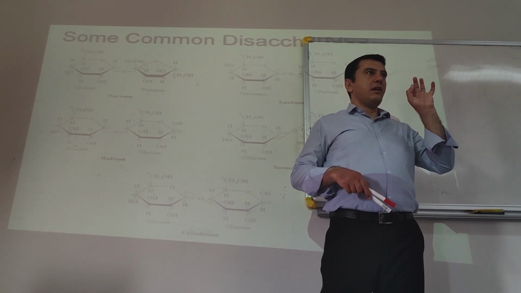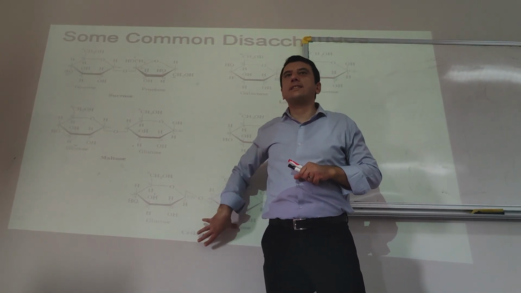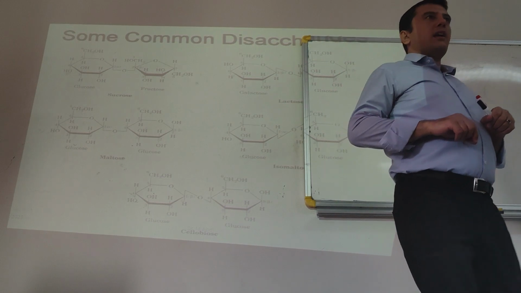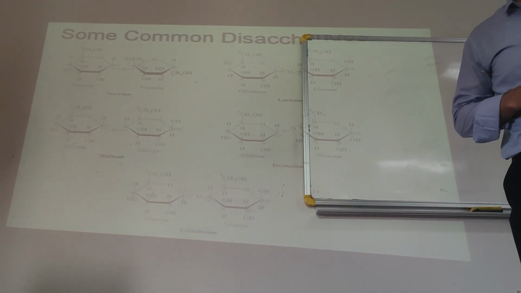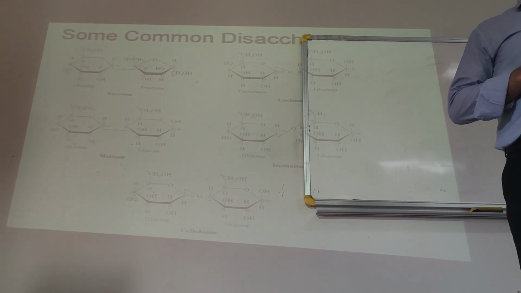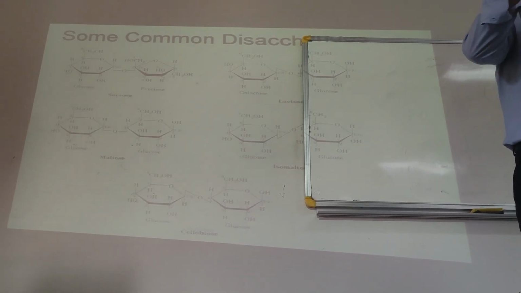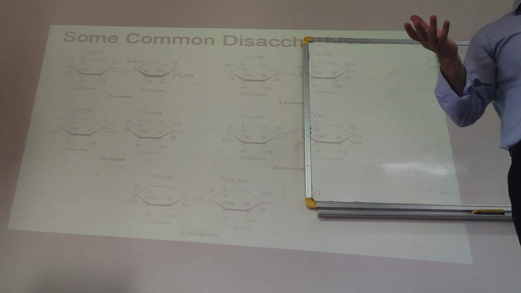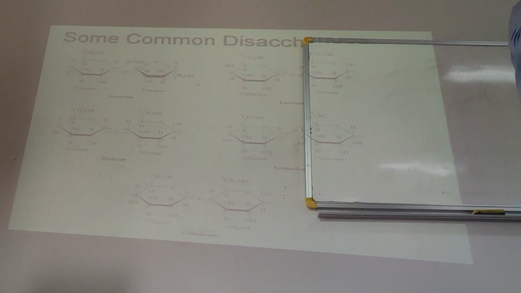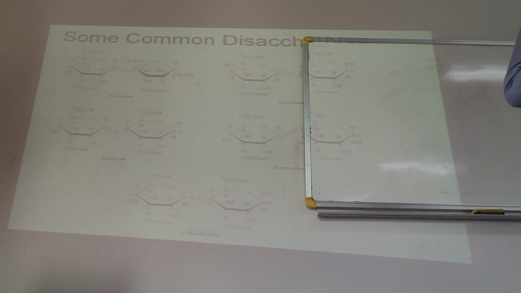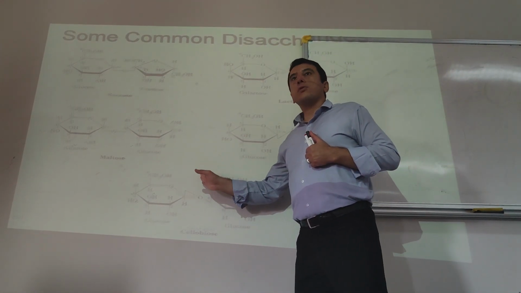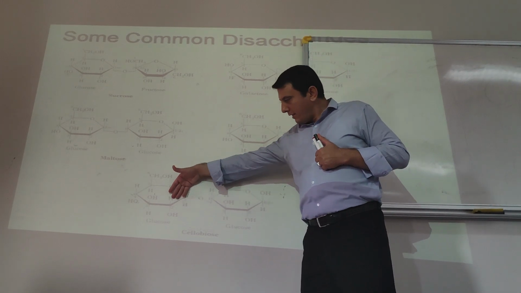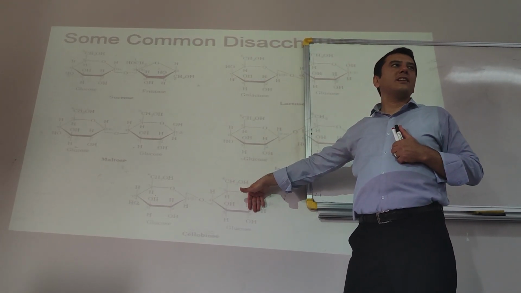But just for this difference, you cannot use cellulose in your diet as a food, because there is no enzyme in your body which can dissociate, separate this type of linkage.